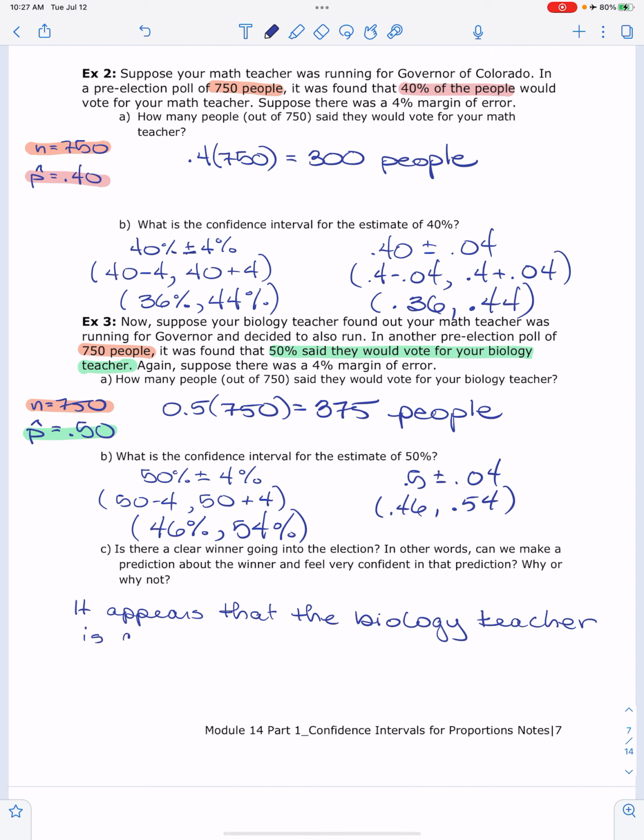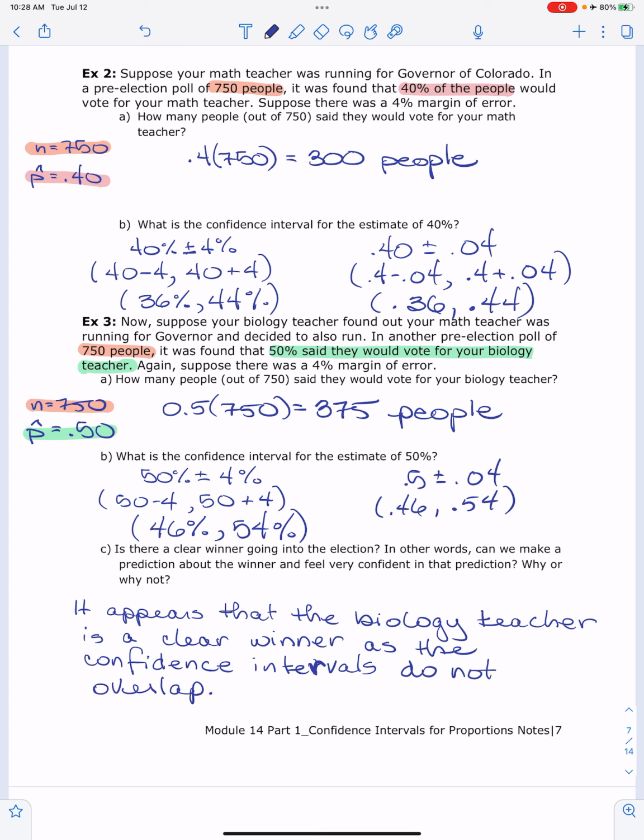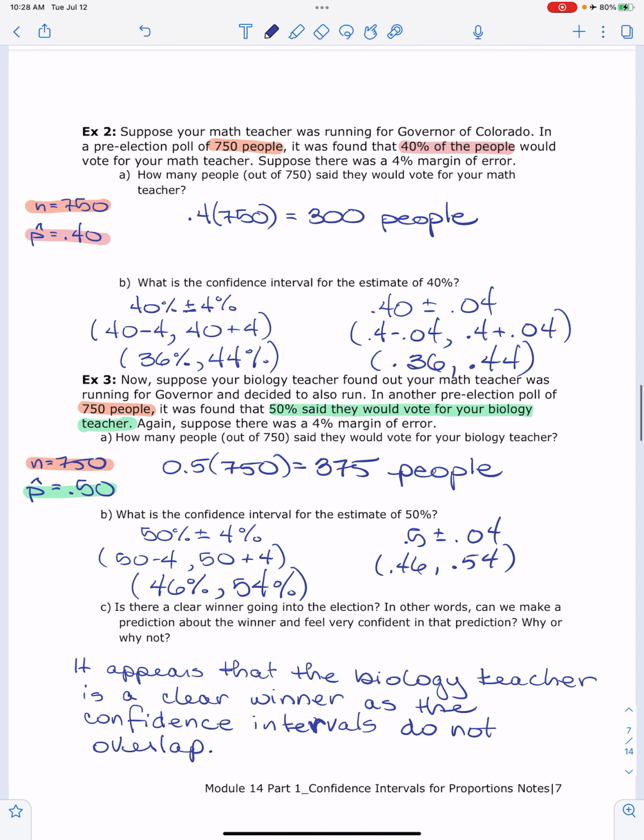There is a clear winner, as the confidence intervals do not overlap. Is this a guarantee? No, it's not. There are no guarantees. But statistically, it looks like that biology teacher has got this election in the bag.